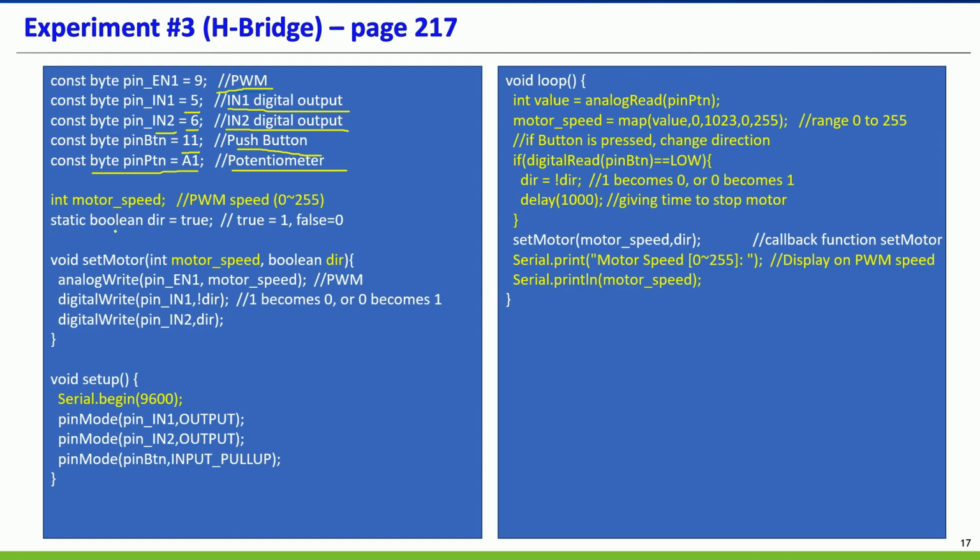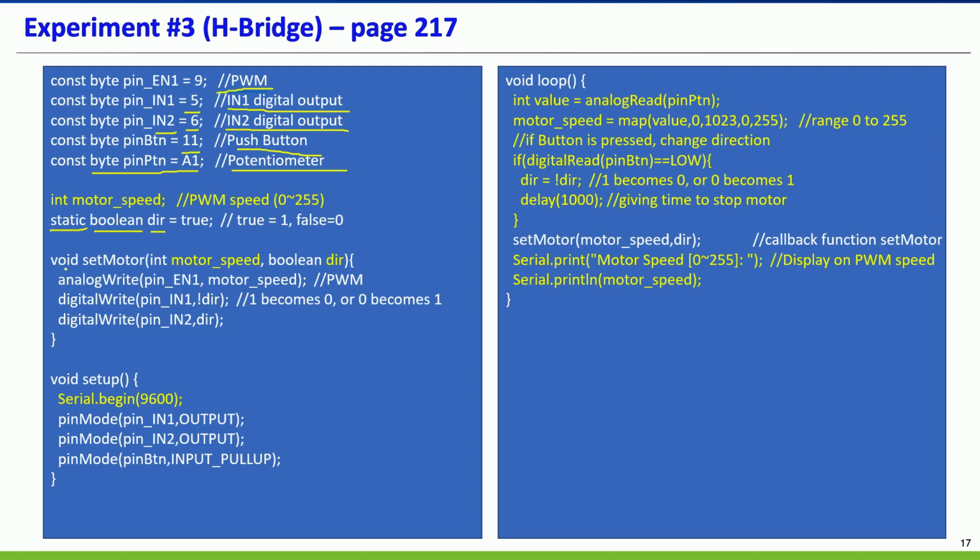And then you have a Boolean data type, a static Boolean, whose variable name is direction or dir. In this case, I define it equal to true, where true is equal to 1 and false is equal to 0.